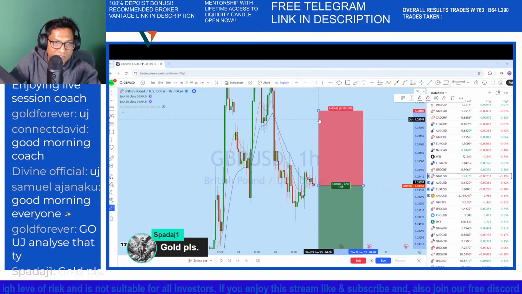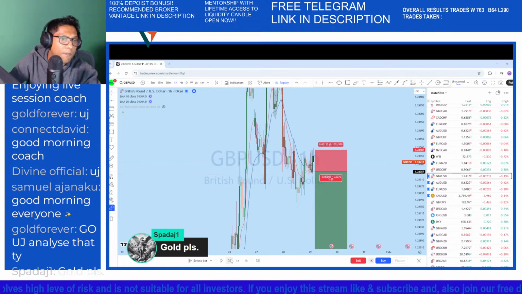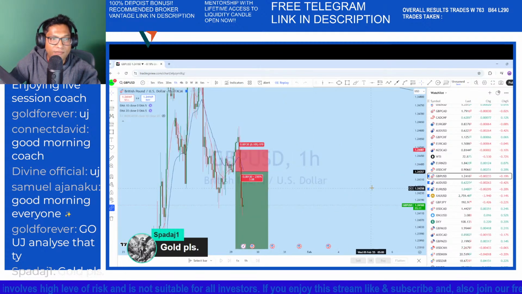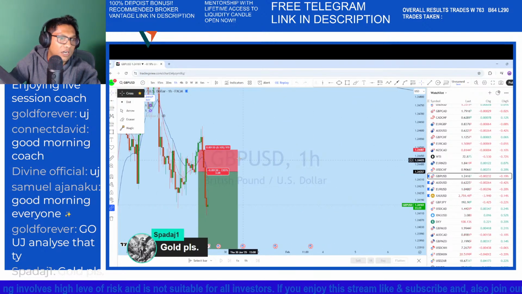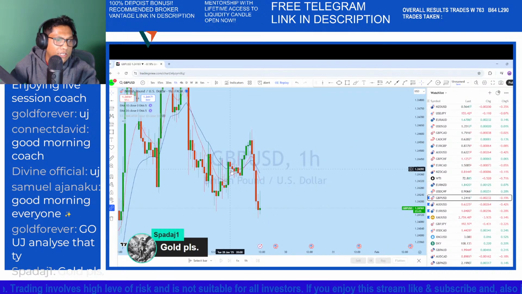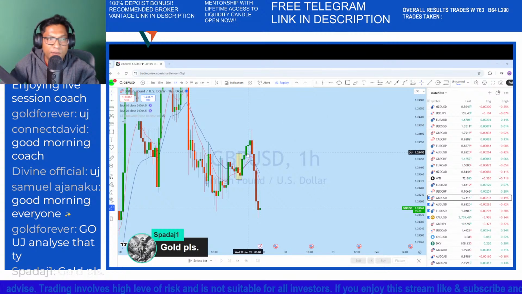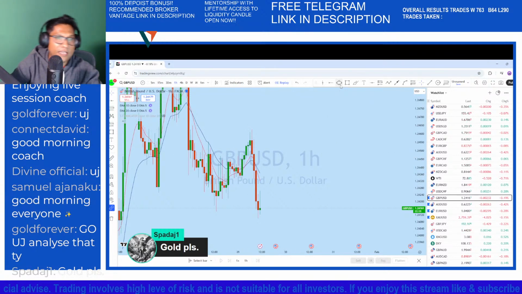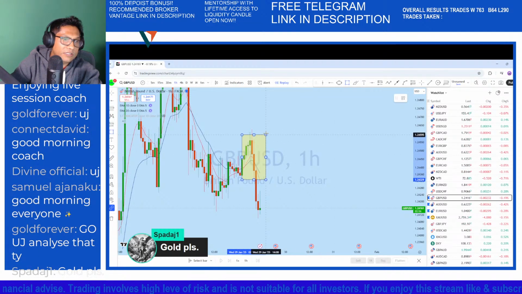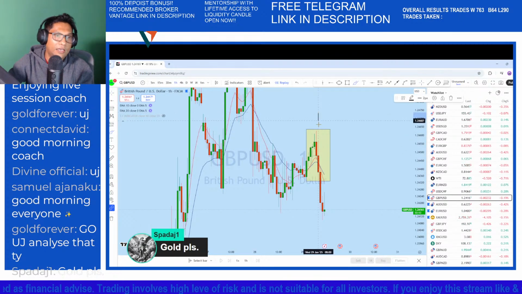So selling this market, putting the stop loss above this high, just to see one more bounce, stopped out, and then boom, the market started to make its move. That's where the breakup structure is. This one is still not a breakup structure. The real breakup structure is here. Okay, so this is the liquidity grab, and that is the liquidity candle.